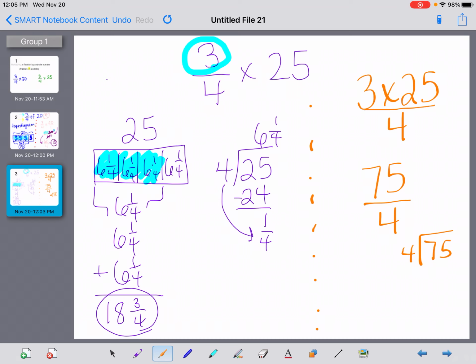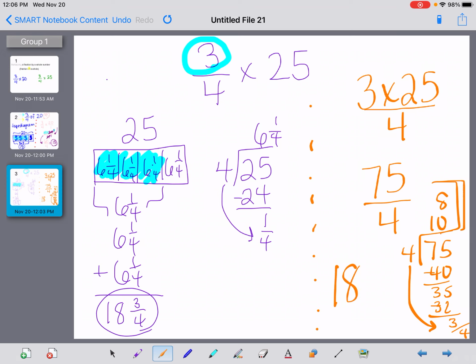I know that I could make 10 groups to get 40, leaving me with 35. I know that 8 groups would make 32, leaving me with 3. We're going to turn that back into a fraction, put these together. That gives me 18 right here, and my remainder is 3/4.